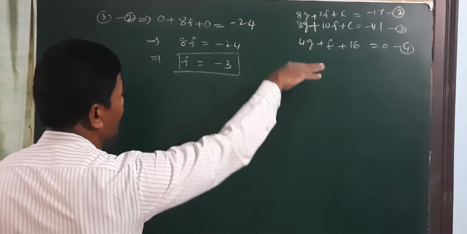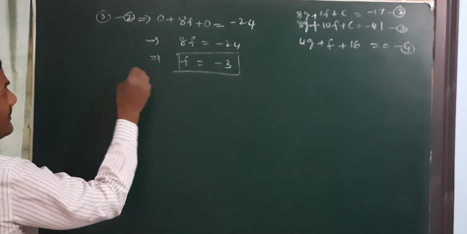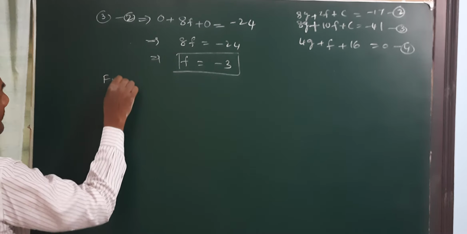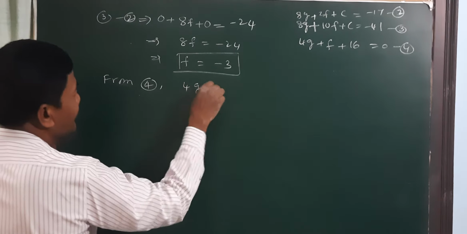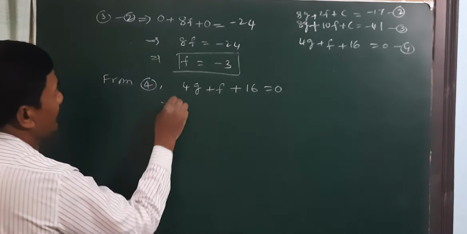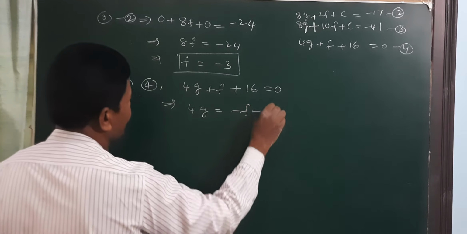8 threes are 24, so f is minus 3. Now put the value of f in any one of the equations and we get the answer. In the fourth equation, 4g plus f plus 16 is equal to 0 implies 4g is equal to minus f minus 16.